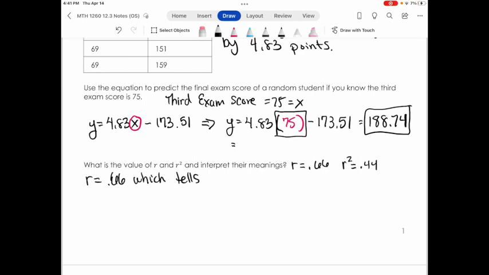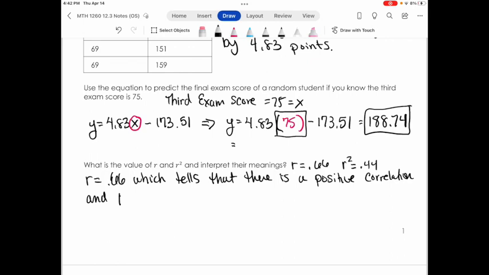So in this case, I would say r is equal to 0.66, which tells us that there is a positive correlation, which means as one variable increases, the other one increases. They both increase or decrease together.